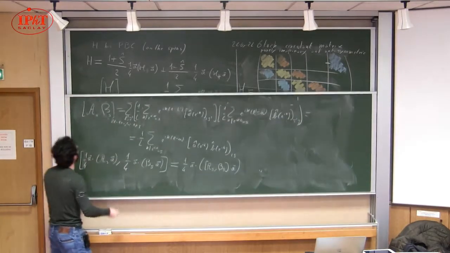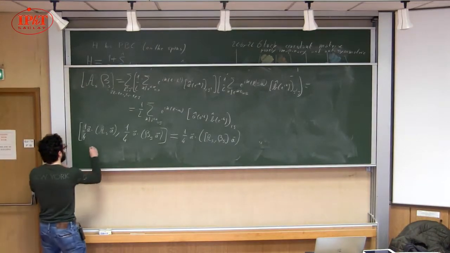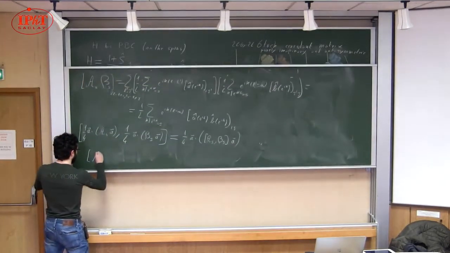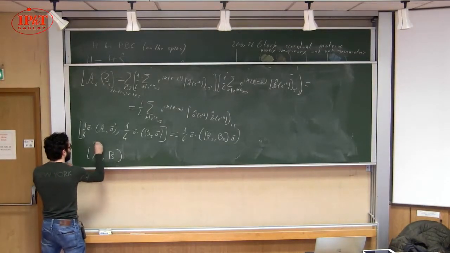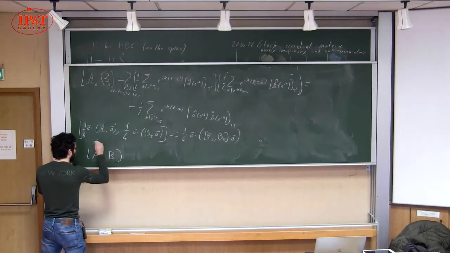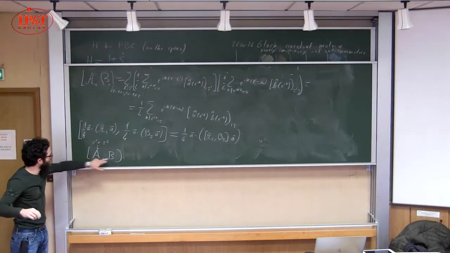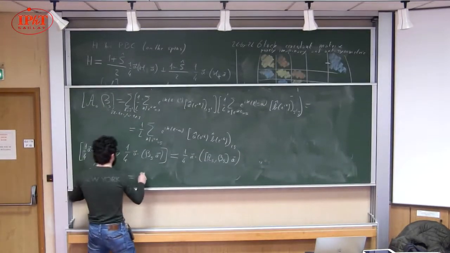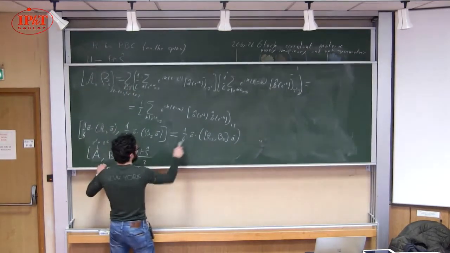Let's write also this result. Again, this is for the quadratic form, so we generalize even more, and now we consider the commutator between two operators of that form, which I call A and B. These are spin operators, 2 to the L times 2 to the L matrices, so they act on the space of the spins. If you consider the commutator here, you write it again with the projectors, and then you have the commutator of the two terms, like this.